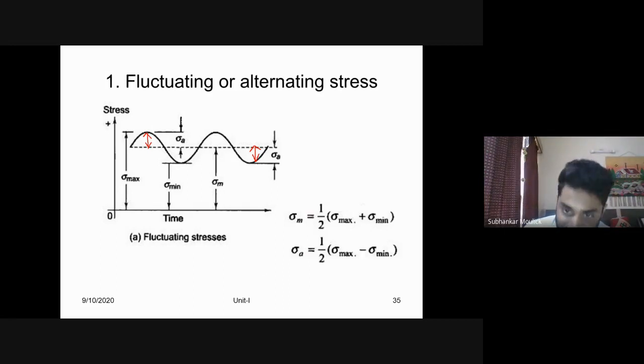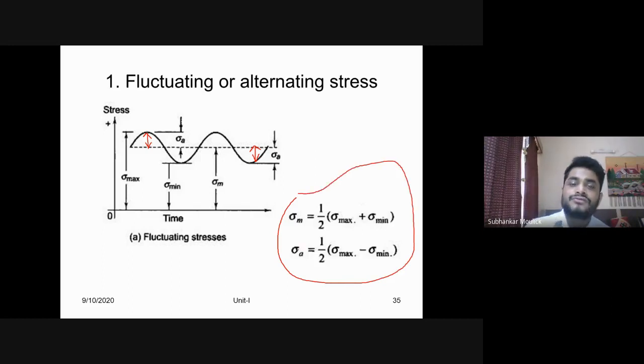So we can write the equations of mean and amplitude stress. Sigma mean, the mean stress, is half times sigma max plus sigma min, and the alternating stress, sigma A, is sigma max minus sigma min divided by 2.